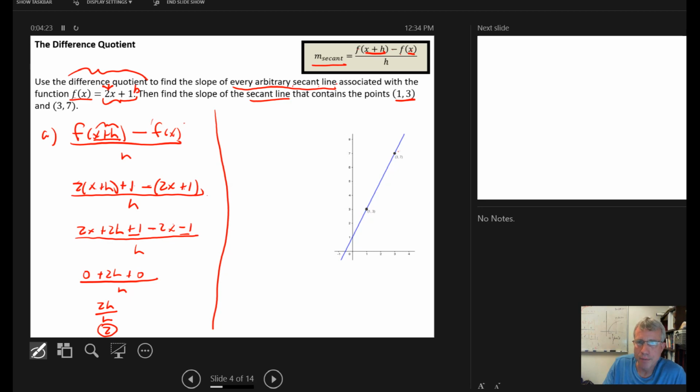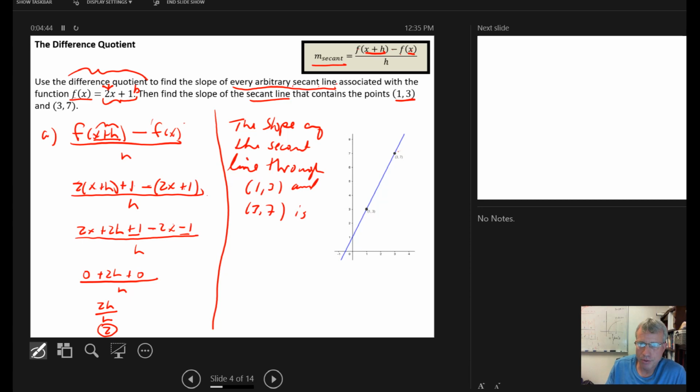I can say the slope of the secant line through (1, 3) and (3, 7) is just 2.